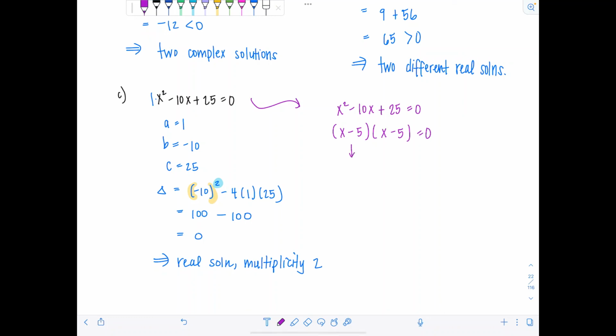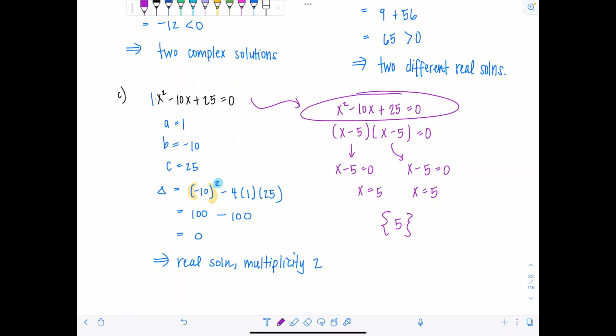And then you do zero product property, x minus 5 is 0. But wait a minute, this is the exact same thing. So you get x equals 5 twice. That's what it means that it's multiplicity 2. And you don't write it twice, that's pointless. So usually you just put it in the solution set by itself once. But we know it's a quadratic equation. It's going to have 2 solutions. So since it's in there twice, it counts as double, basically.